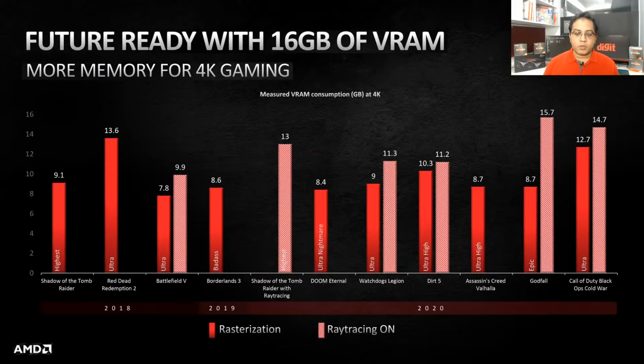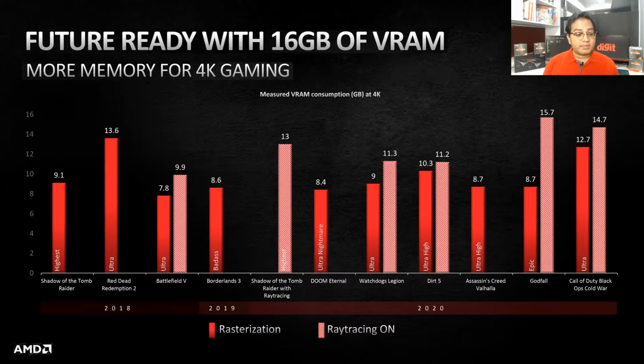Next up, the RX 6000 series of graphics cards were all released with 16 GB of video buffer. That can seem to be overkill at first glance, but when you check the memory usage across several titles, all of them running at 4K resolution, you do see high memory usage.